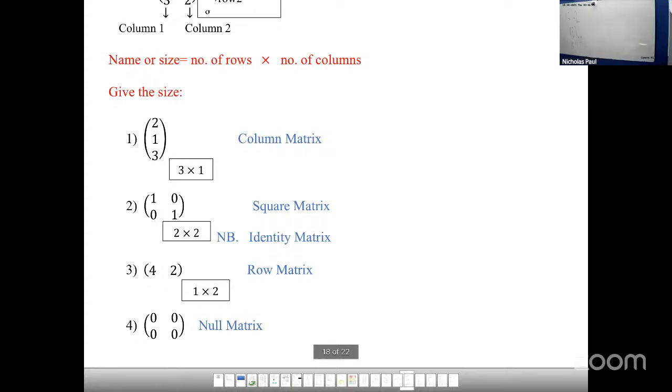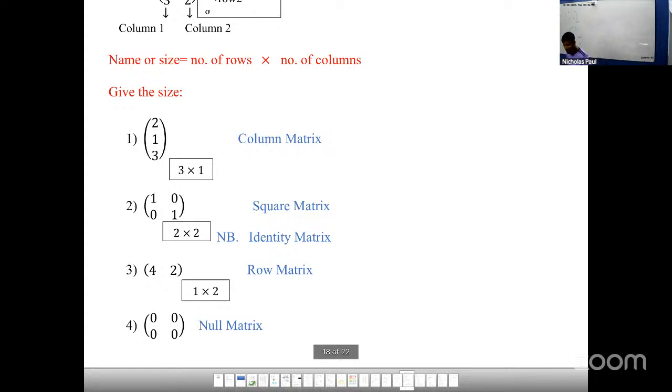Does anybody know why they call it the identity matrix? That's a good try, but no. The reason is if you multiply anything by this, you'll get back the matrix you multiplied. Like, what's the multiplicative identity element? 1.